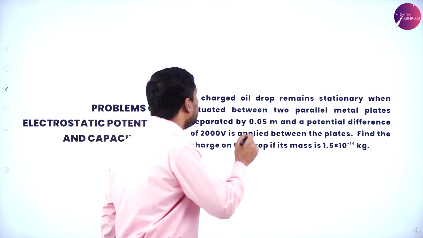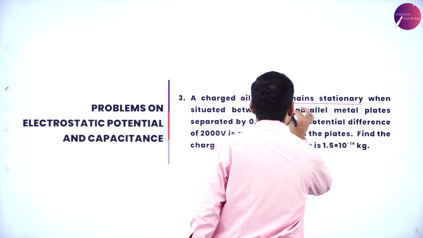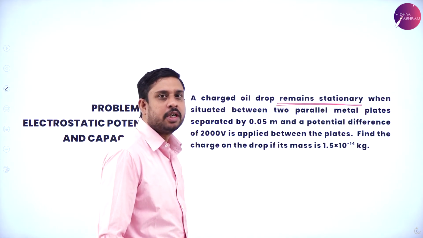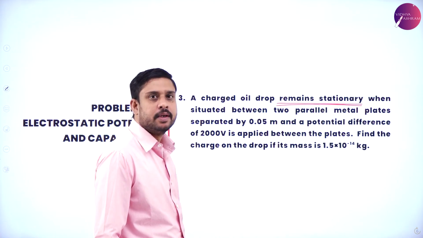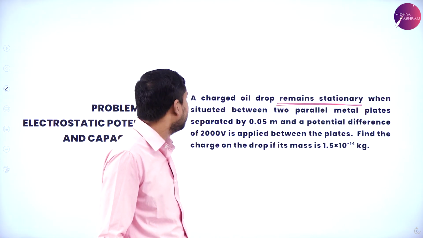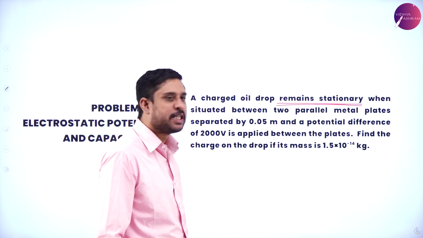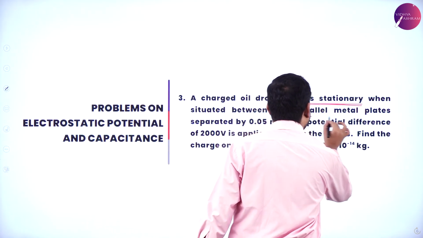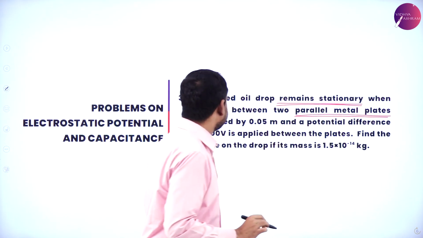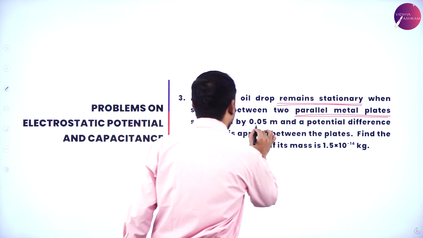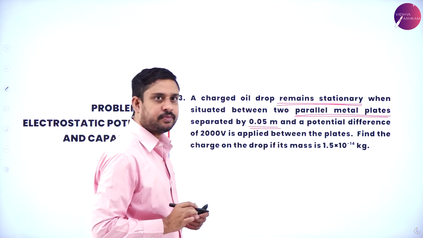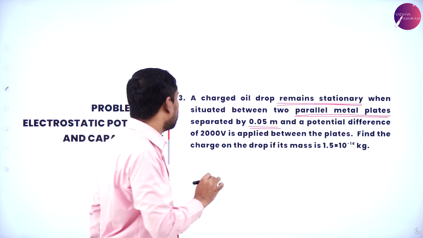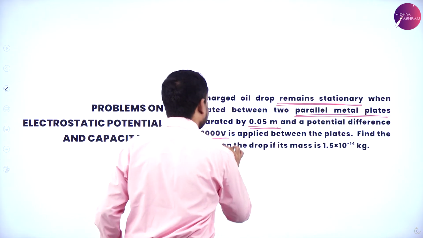A charged oil drop remains stationary when situated between two parallel metal plates separated by 0.05 meter and potential difference of 2000 volt is applied.